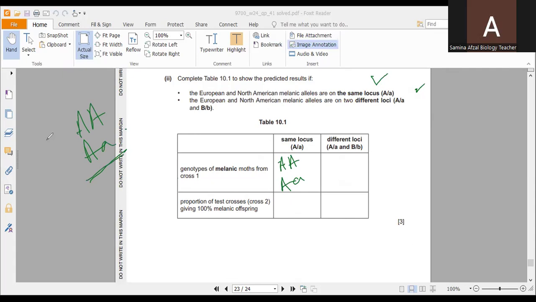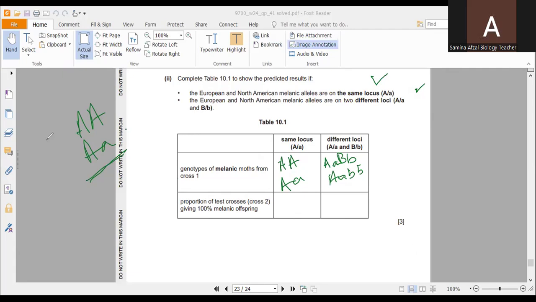On the other hand, if they are on different loci, they can be capital A, capital A, capital B, small b, and capital A, small a, small b, small b.